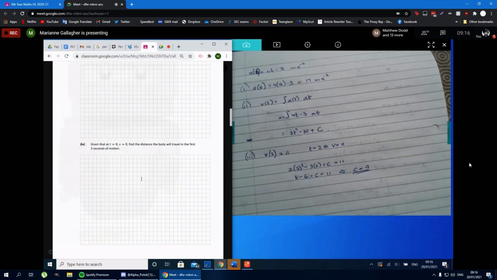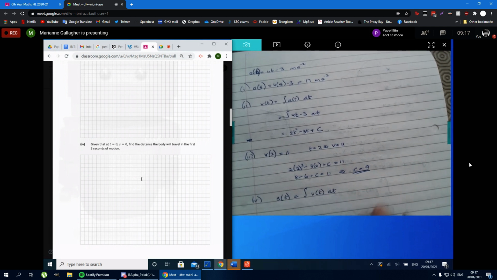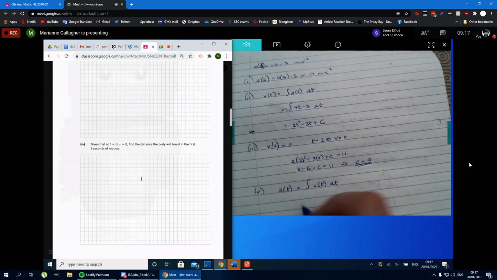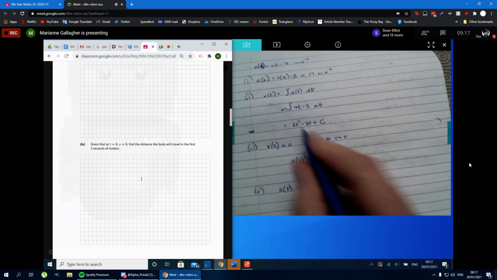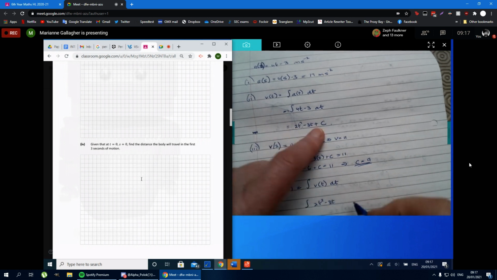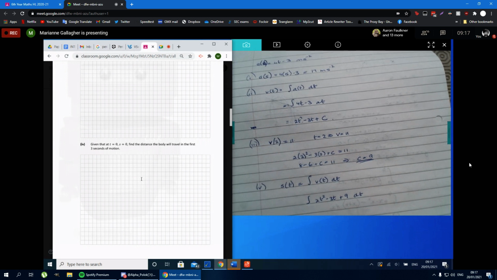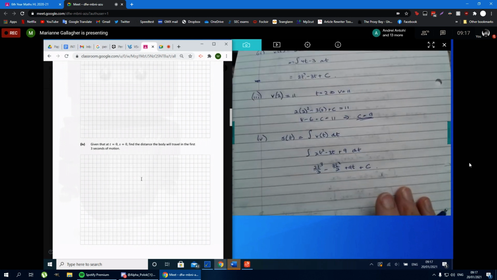And then the last part is find the distance. We know that the distance is the integral of the speed or the velocity. Speed and velocity are interchangeable. So I'm now going to integrate my velocity, which up here was 2t squared minus 3t plus c, and we now know c is 9. Integrate that, and you've got 2t cubed over 3 minus 3t squared over 2 plus 9t plus a new c.